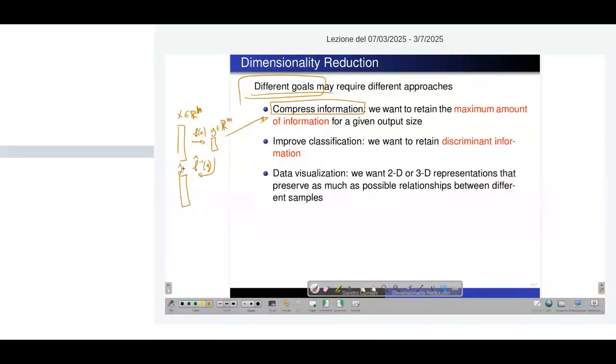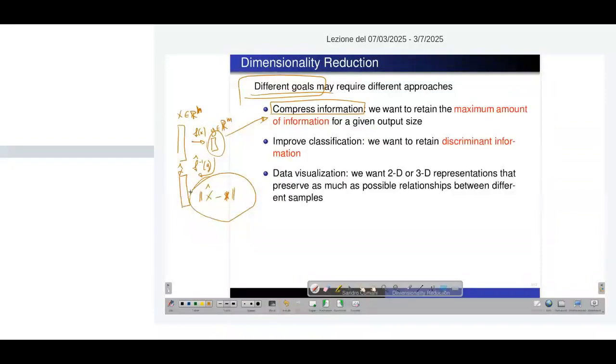I may lose some information, but a good way to measure how well I compress my information is how well I can reconstruct my original data: the better I can reconstruct it, the better my compression algorithm is. If with the same number of bits, so with the same dimensions of the subspace, I can reconstruct the input data in a better way, then I have a better compression algorithm.